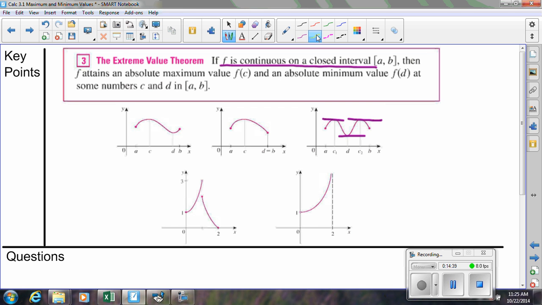Because when we look at this particular function, this is an open circle. Is there an absolute maximum here? No, because we don't actually have this yellow circle. It's an open circle, and so we never get there. We can always get closer and closer to it, but there's never one that's actually bigger than all the others because the circle's not included.